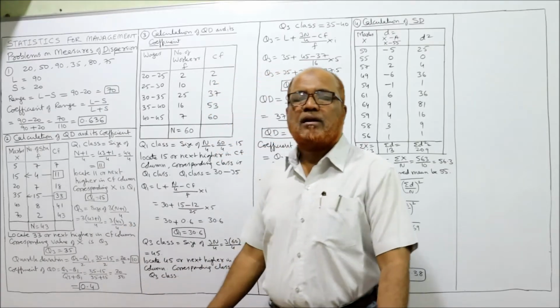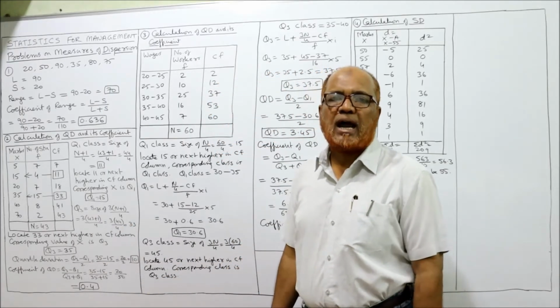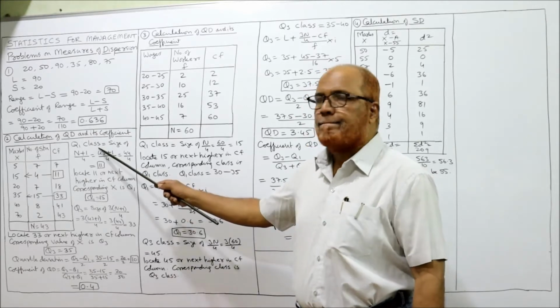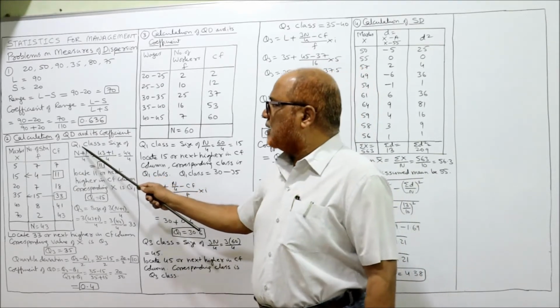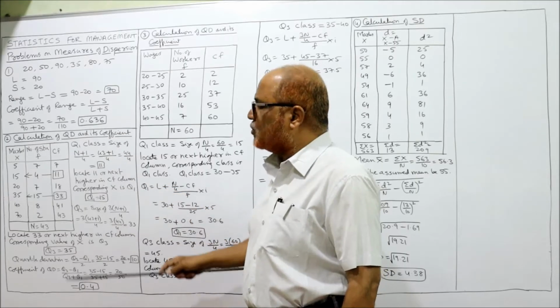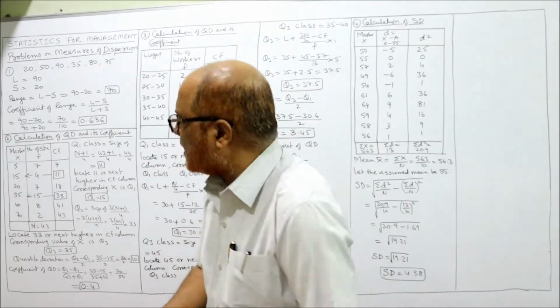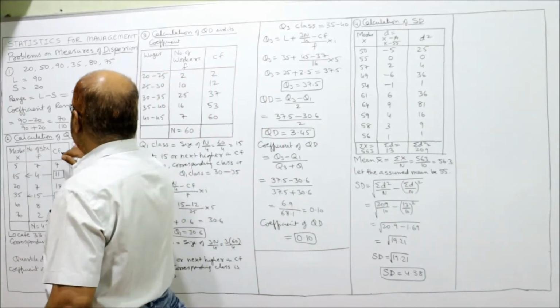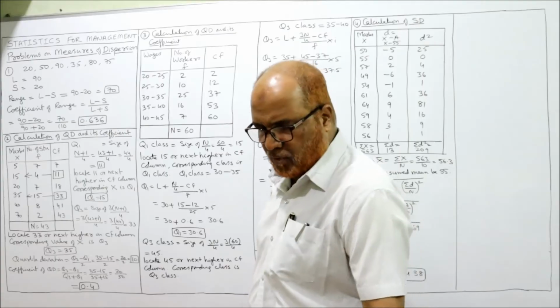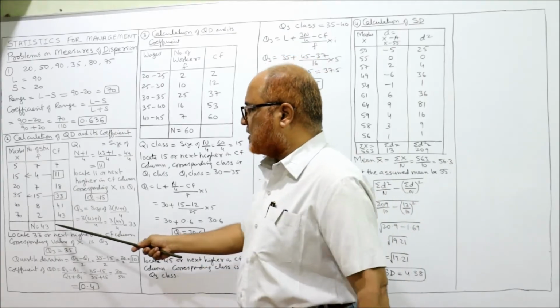That's it. Now we have to find Q1 and Q3. Q1 stands for lower quartile. So Q1 is equal to size of (n plus 1) by 4. Don't write Q1 class because there is no class. N is how much? 43.